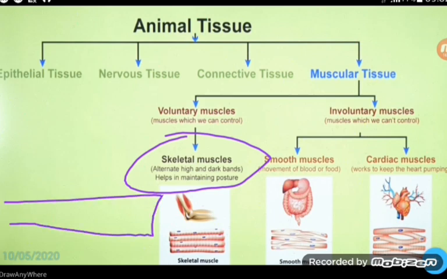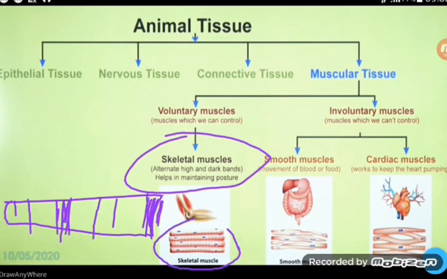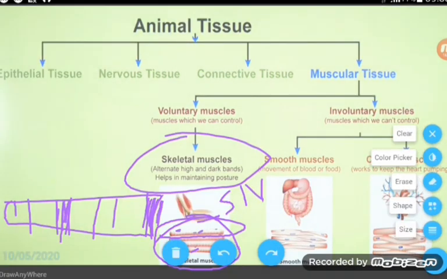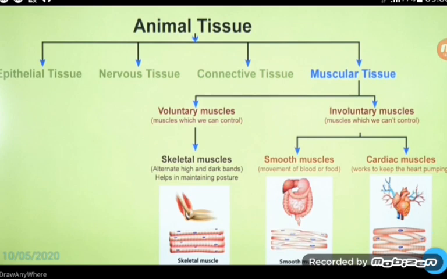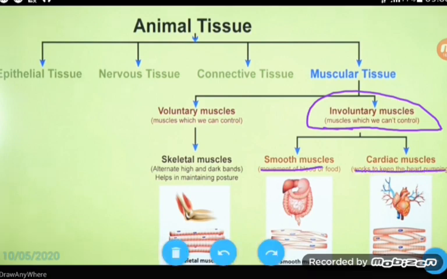These have a light and a dark band, like this: a dark band, a light band, a dark band, a light band, as you can see here. And the blue color dots are the nucleus. In one cell itself, it has so many nuclei. It is multinucleated. And the involuntary muscles that we can't control consist of two types, smooth and cardiac.